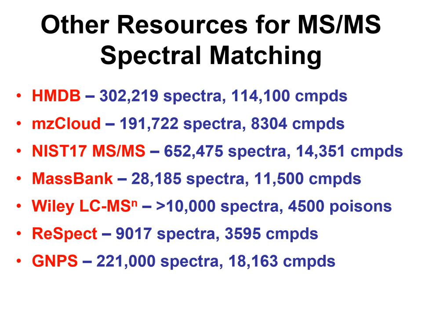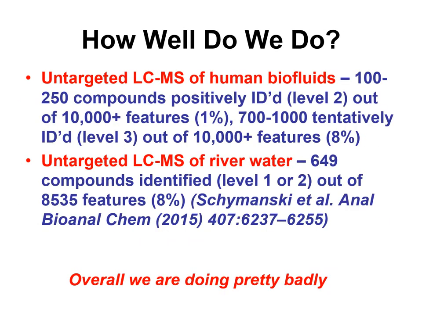So whether it's things like PubChem or ChemSpider and doing formula matching, or doing spectral matching with MONA, Metlin, or HMDB, how well do we do? Well, we actually do pretty badly.